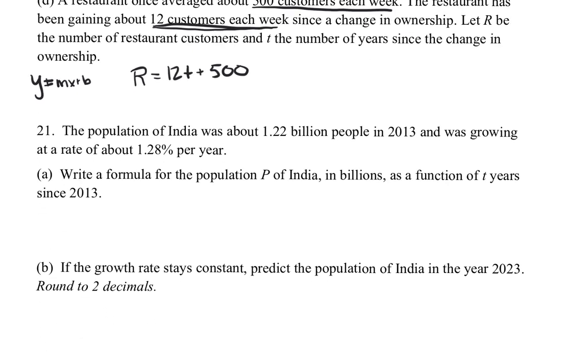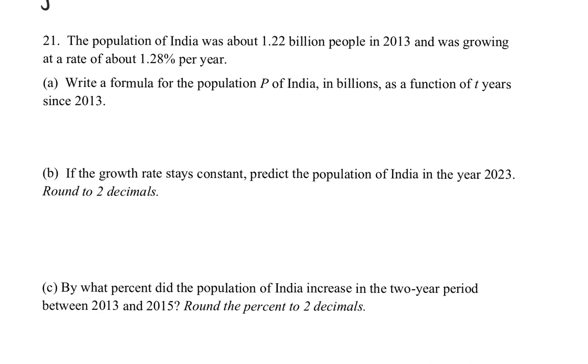On to question 21. The population of India was about 1.22 billion people in 2013 and was growing at a rate of about 1.28% per year. Part A. Write a formula for the population of India in billions as a function of T years since 2013.